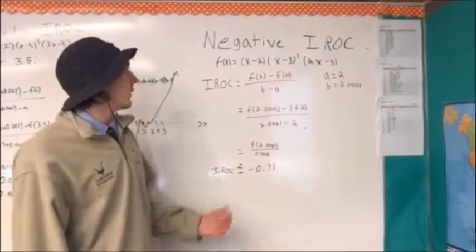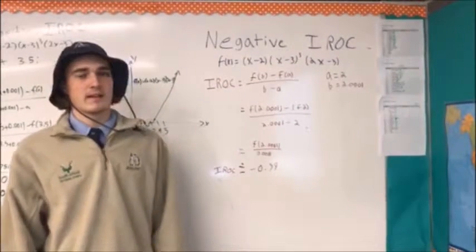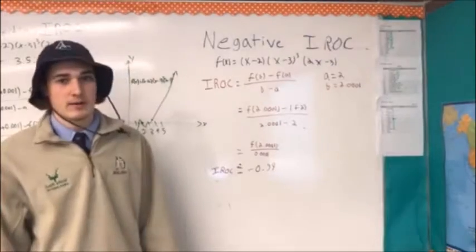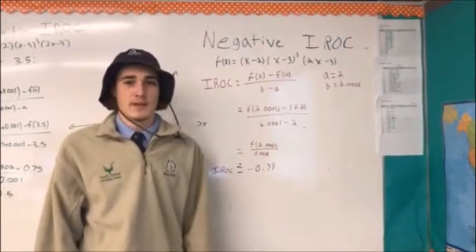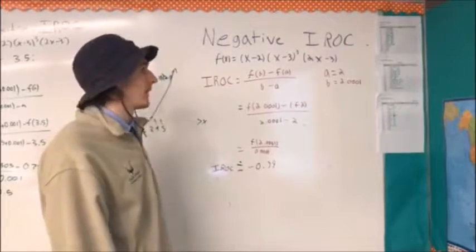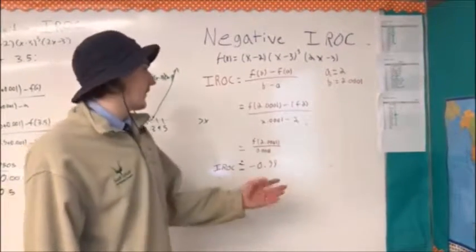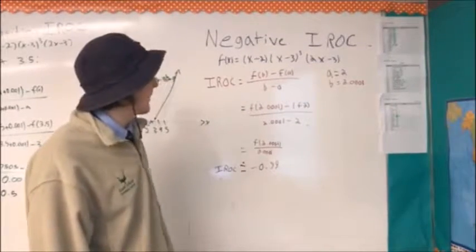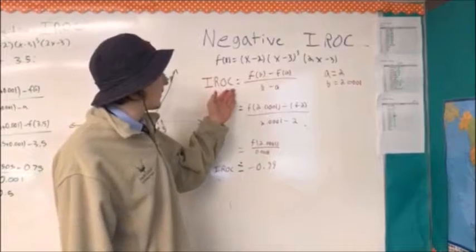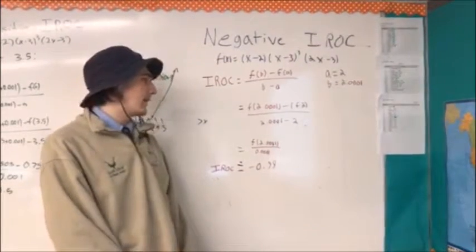With this new quintic function that we've never really seen before out in the safari, we decided to dig a little deeper than just our positive IROC. We decided to investigate the negative IROC, which is something we've never really seen before in these quintic functions. To calculate, I first picked 2 points, 2 and 2.0001, and plugged them into this equation of f of b minus f of a over b minus a.